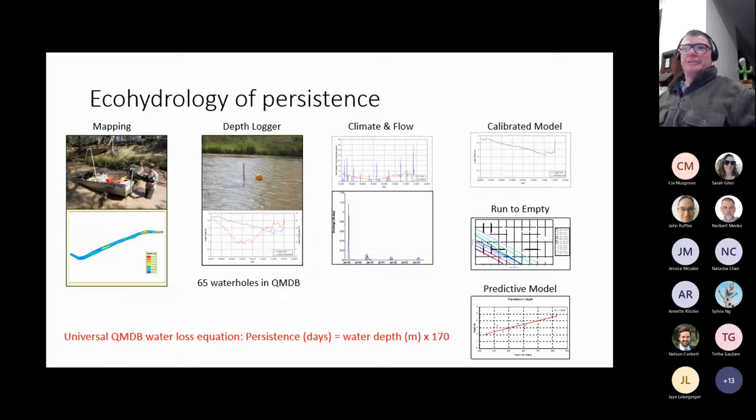And this is what we might call a universal Queensland Murray-Darling water loss equation, which is basically 1 metre of water lasts 170 days. And that's been fairly consistent across all the catchments that we have looked at in the Murray-Darling. The Warrego and the Paroo haven't really been included in that, but at the moment, the guys in Toowoomba have some sites in the Warrego that, well, it hasn't really stopped flowing much this year, has it? But eventually they hopefully will get some drawdown data to calibrate models for out there too.